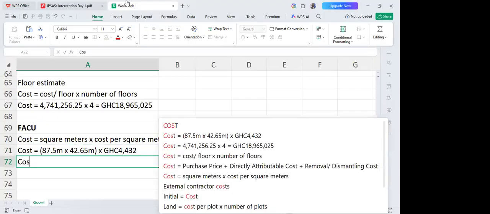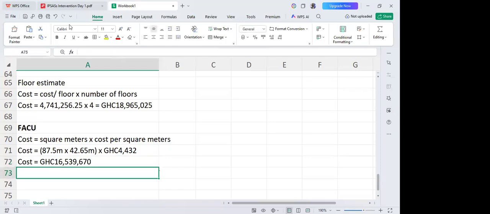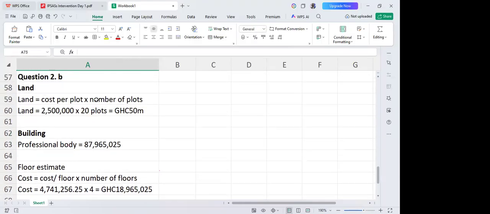So what becomes our resultant answer? 16 million, 539,670. So these are the estimates we have.